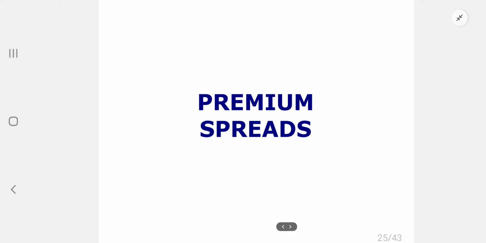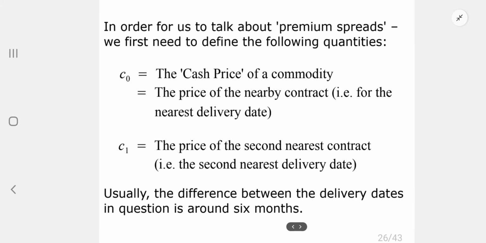Premium spreads. In order for us to talk about premium spreads, we first need to define the following quantities. C0, which equals the cash price of a commodity, which equals the price of the nearby contract, i.e. the nearest delivery date.